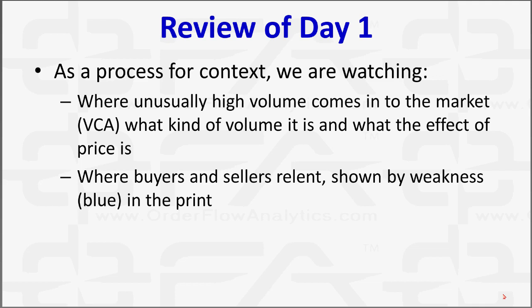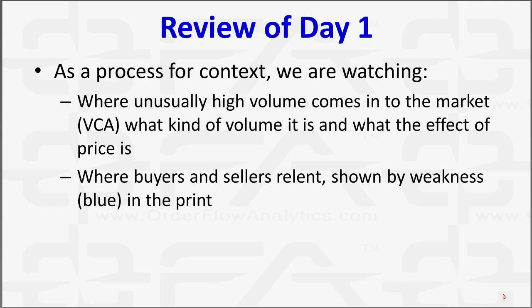We also want to take a look at where buyers and sellers relent, typically shown by weakness in the print. So if we see price unexpectedly start to move lower, for example, and we look at the print and we can see that the sellers have relented, meaning there's just a lot of blue numbers, but also not just blue, but they're lower numbers.